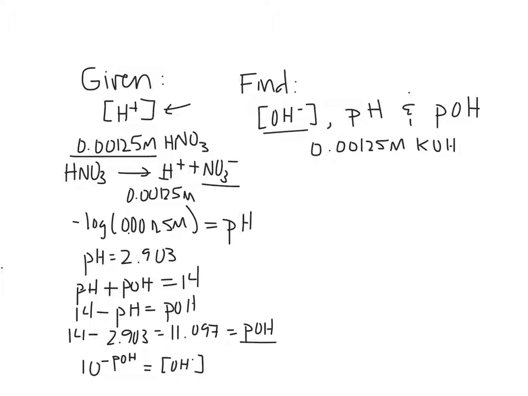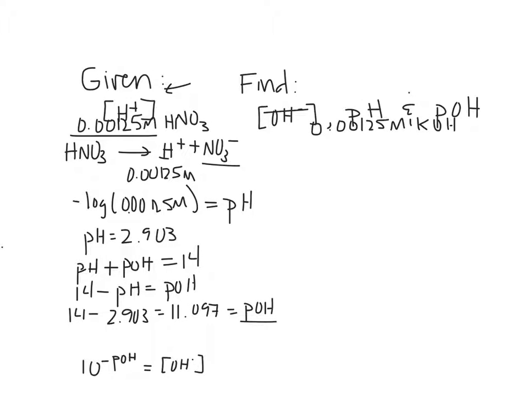It's important to note here that it's also true that you could take 10 to the negative pH and that would give you hydrogen concentration. But since we're interested in the hydroxide concentration, then we can do that. And the value I get here is 8.00 times 10 to the negative 12.